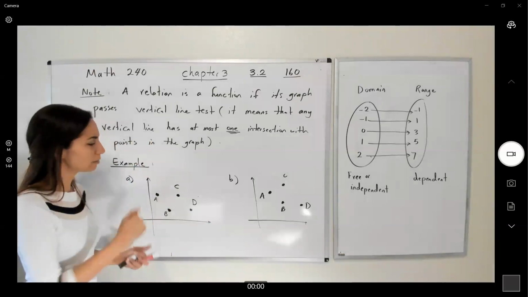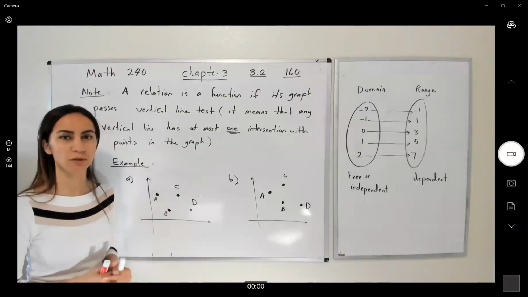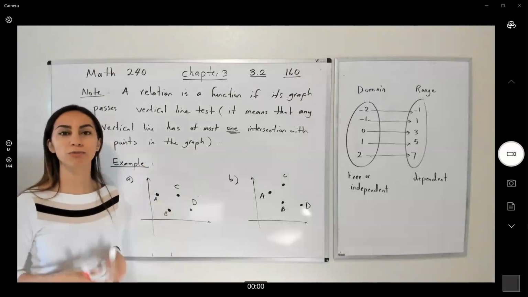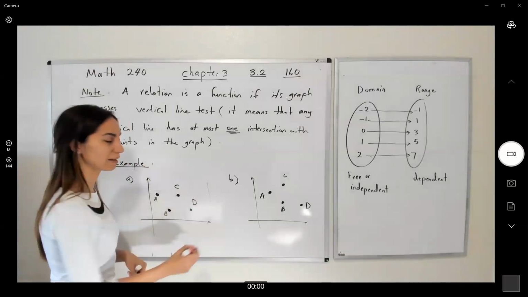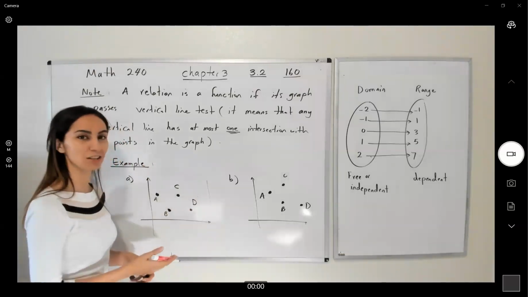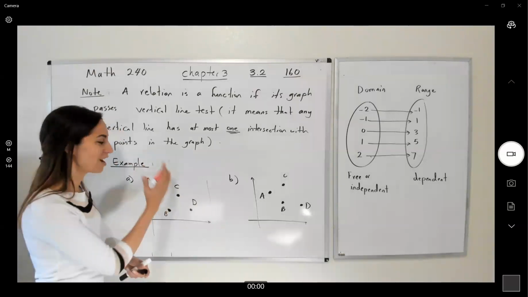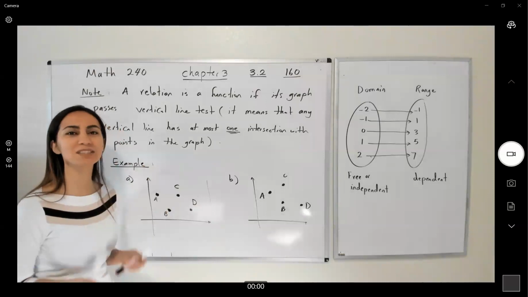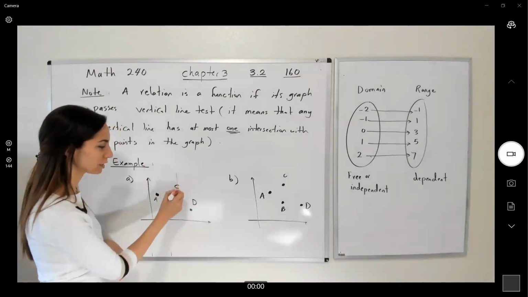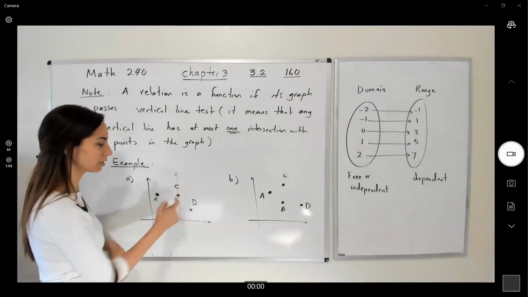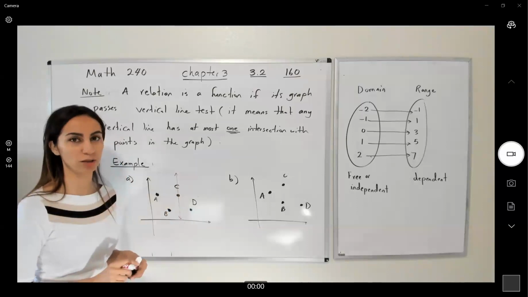So let's begin by checking the vertical line test for the first relation. I'm going to take any random vertical line. It doesn't make sense to take a random vertical line here; that vertical line somehow needs to have intersection with points in the xy plane. So let us move this vertical line, for example, here. That vertical line is intersecting 1 point at a time.